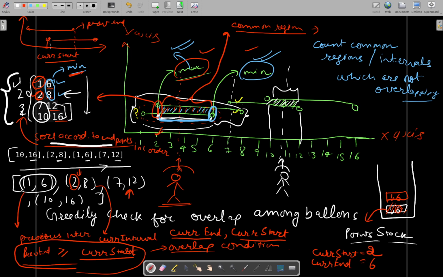Instead of 1 6 it will be 2 6, because current start was the maximum of 1 and 2, so it will be 2 6 here. And then you are at 7 12. For 7 12 you may see that there is no overlap, because current end is less than current start. This is your current start as of now.